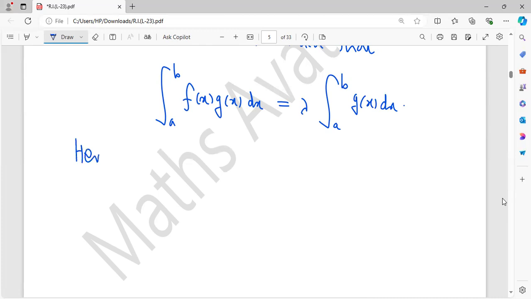Hence, this theorem is true. In both the cases, we have proved the theorem. So this theorem has been proved when g(x) is greater than or equal to 0 for all x belongs to [a, b]. The case g(x) less than or equal to 0 can be treated in a similar manner, and the theorem can be proved. So the theorem is done now.